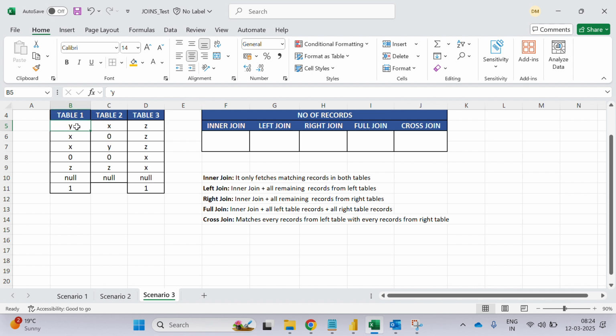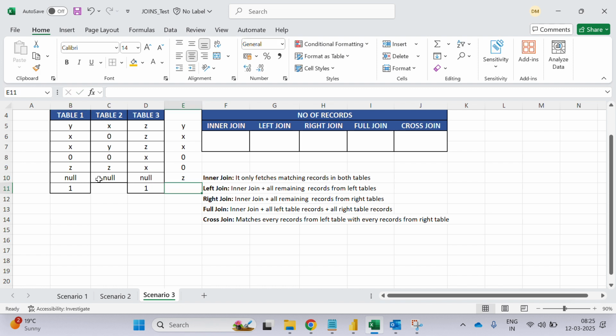Y is present one time in the second table, so we get y. X matches one time, that is x only. X matches again with x only. This 0 matches two times, so we get 0 and 0. This z matches one time, so we get z.